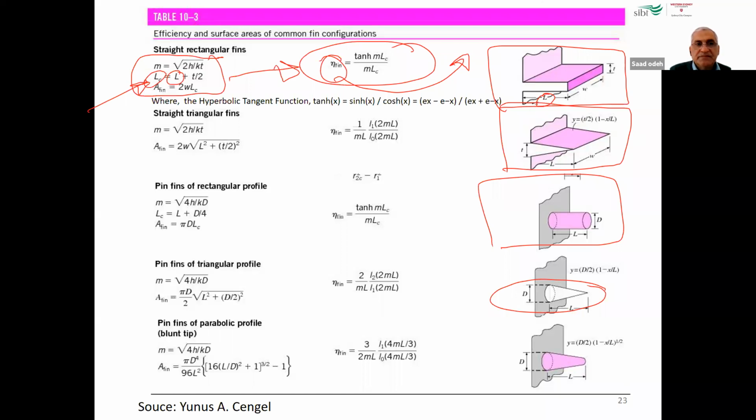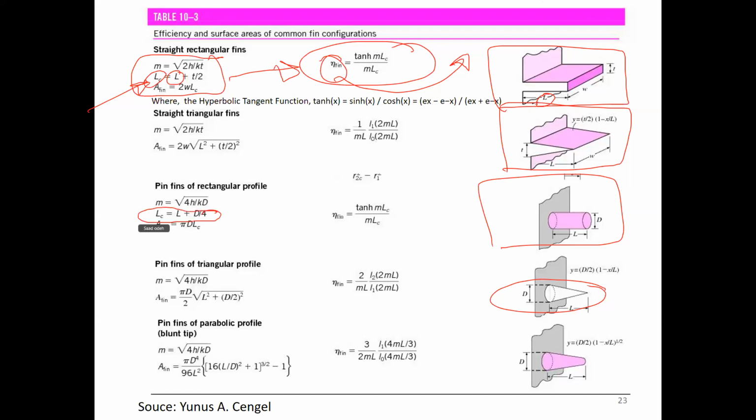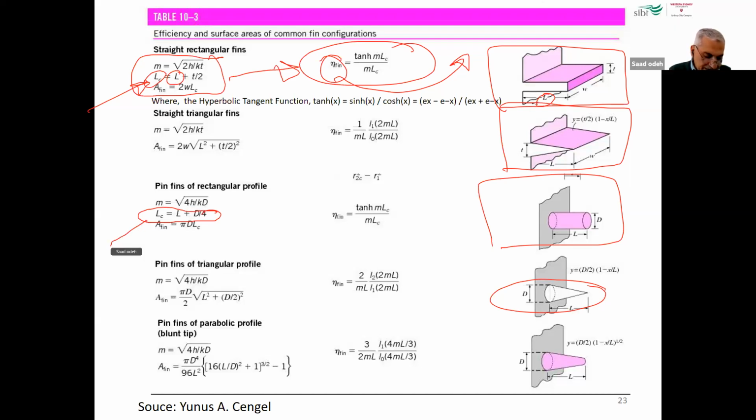But you just follow the equation in this table: Lc is equal to L plus t by 2. For each case, you have a different Lc. For example, in this type of fin, the cylinder, you have Lc equal to L plus D by 4, and so on. All right? Yes, sir. Thank you.